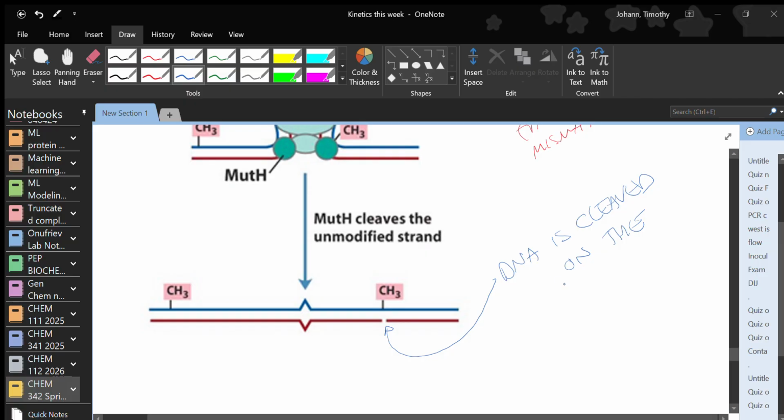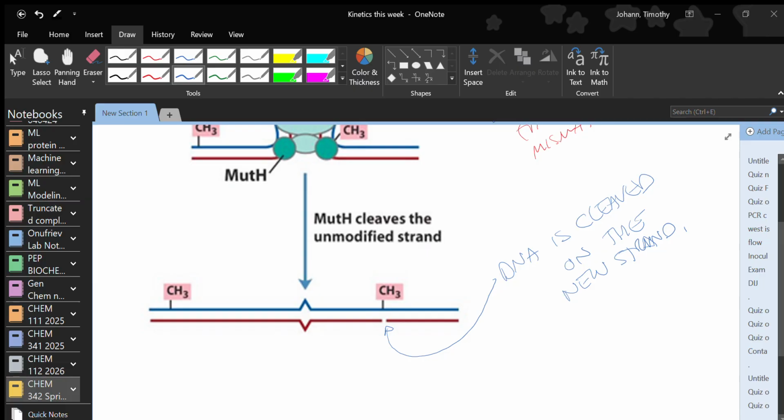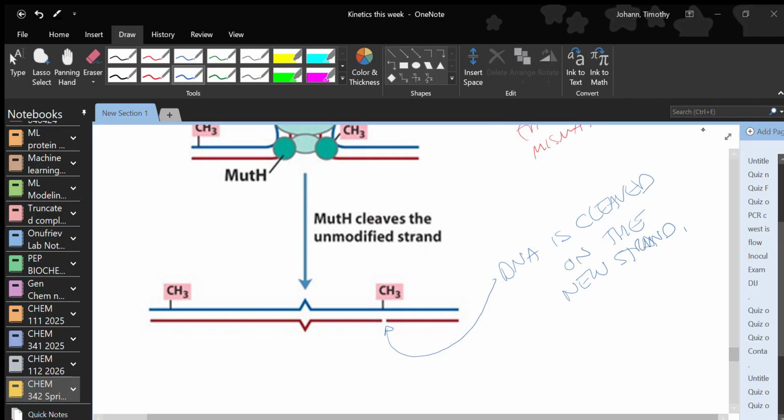DNA is cleaved on the new strand. This is the strand that had just been synthesized. And then what's going to happen is DNA polymerase is going to come in and essentially synthesize up until the nick here. Okay? And that's it.